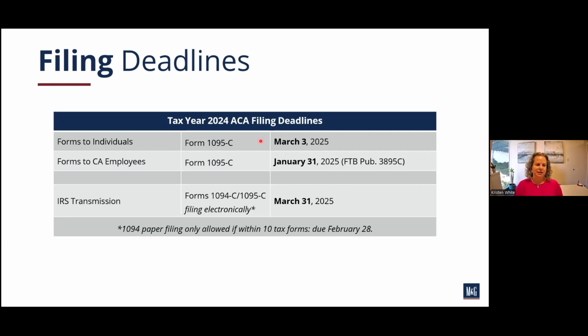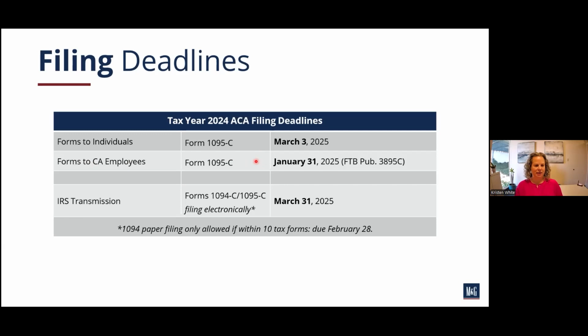And again, the state filing is only for self-funded. Fully insured does not need to do state filing. Let me reiterate that: for fully insured, the reporting from the carrier will be sufficient. So you only have to do state filing for self-funded.